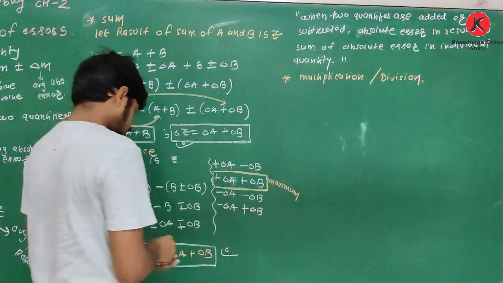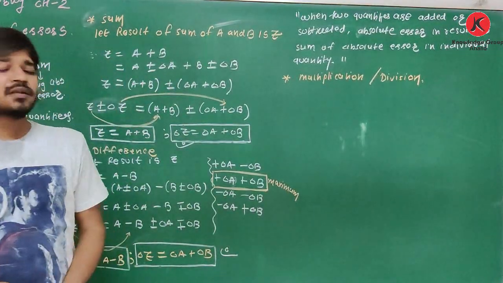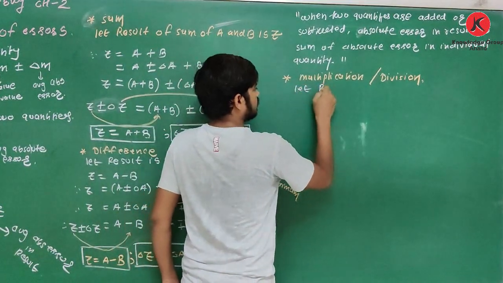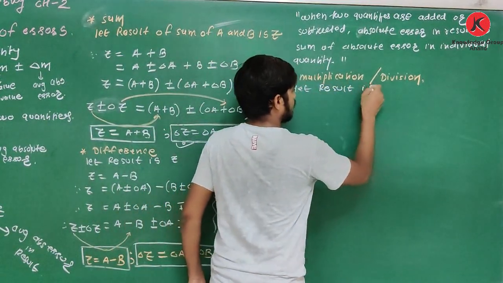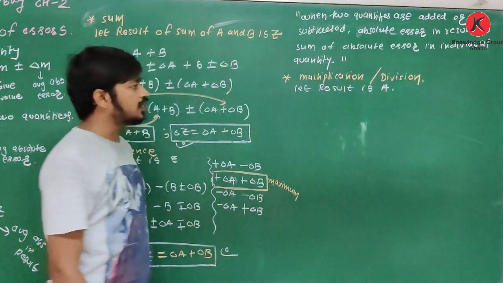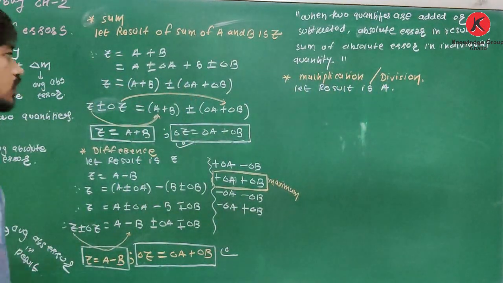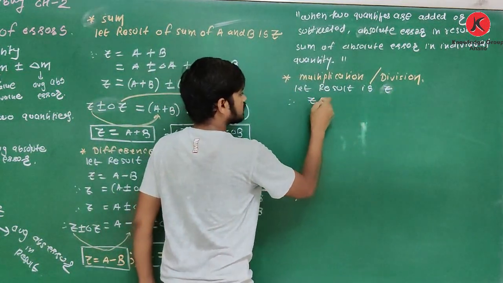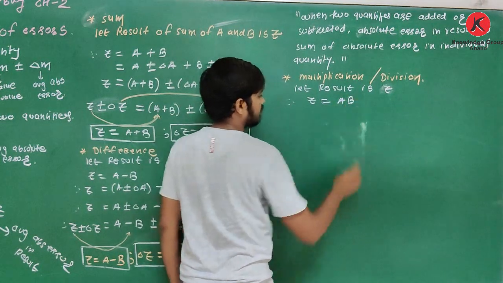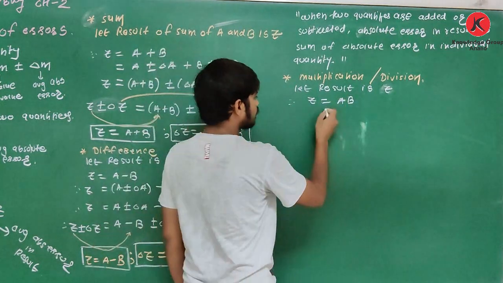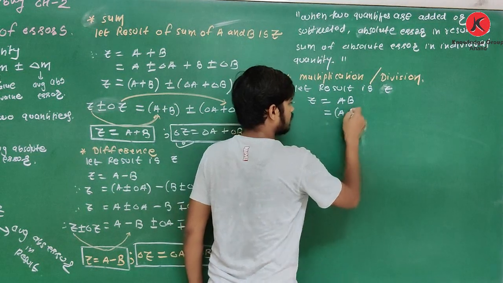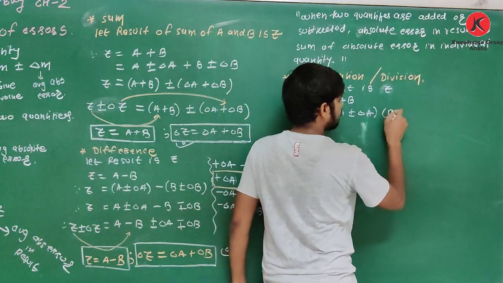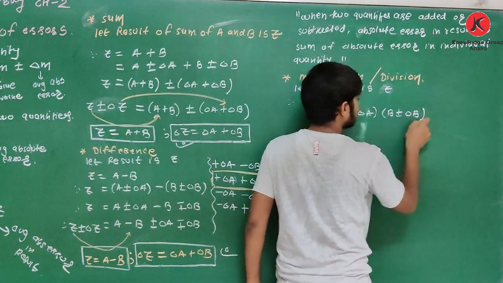Again, let two quantities a and b be multiplied and let the result be z. And how to write z? Therefore z is equal to ab. Now what is the value of a? A plus or minus delta a, and b means b plus or minus delta b.